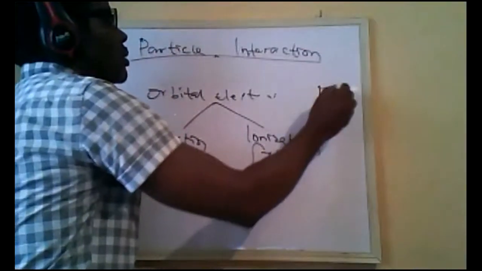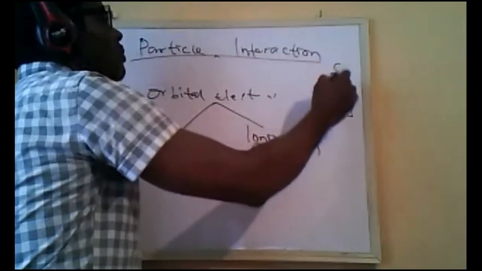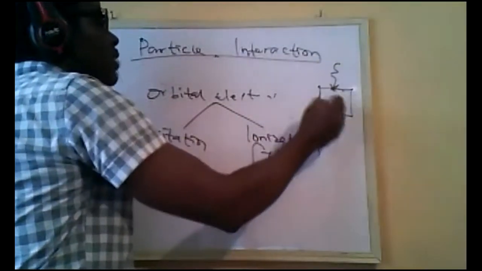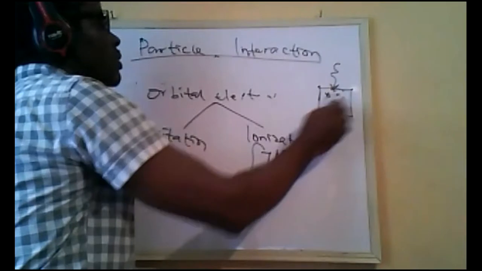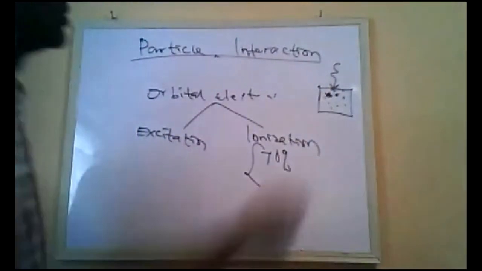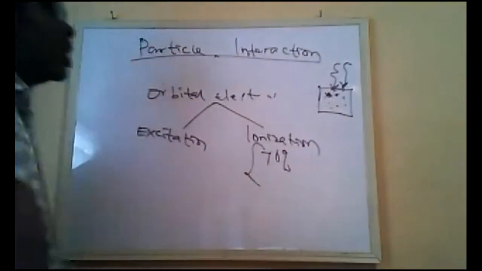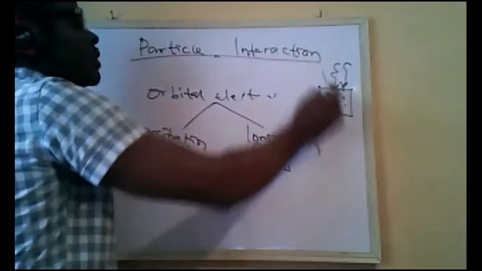This is the tissue we are looking at. You have a particle entry. We have so many atoms which have their electrons and so on and so forth. Because we have billions of particles, each one will interact.